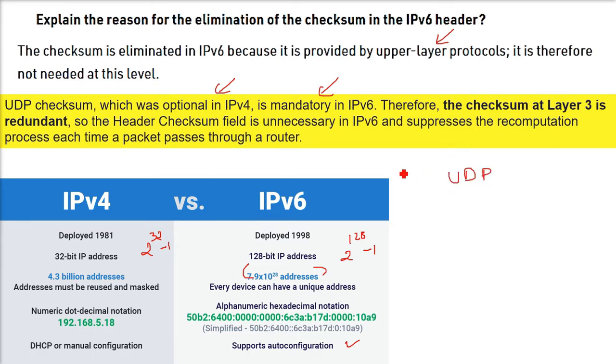In TCP, you need to have the checksum and you have to deal with it. And UDP was optional. Even if you don't want to do checksum, it doesn't matter. But in IPv6, the UDP checksum is mandatory.